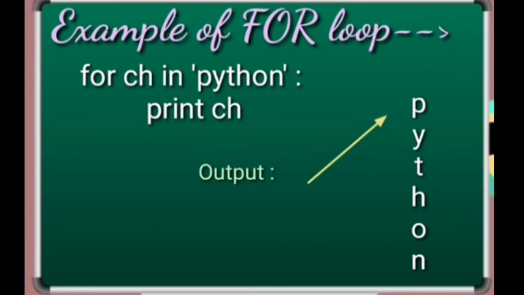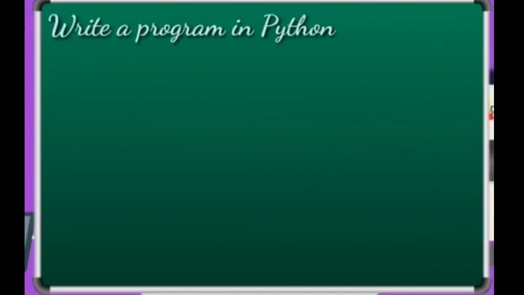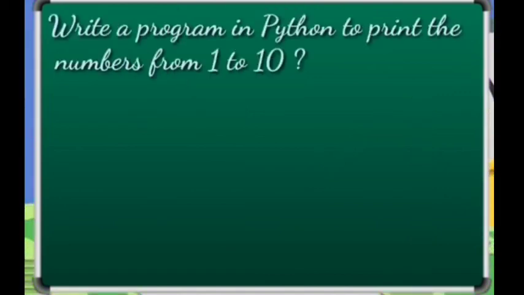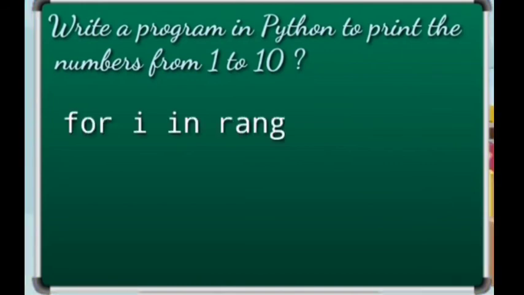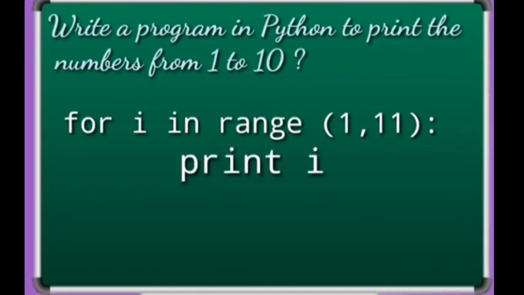Now I'll show you one more example of the for loop using the range function. Let's write a program in Python to print the numbers from 1 to 10. You can see here, students, that I have written the for loop and taken the variable name as i. In range, I have written the values 1, 11. Why have I written 1, 11, as I have to print the numbers from 1 to 10?